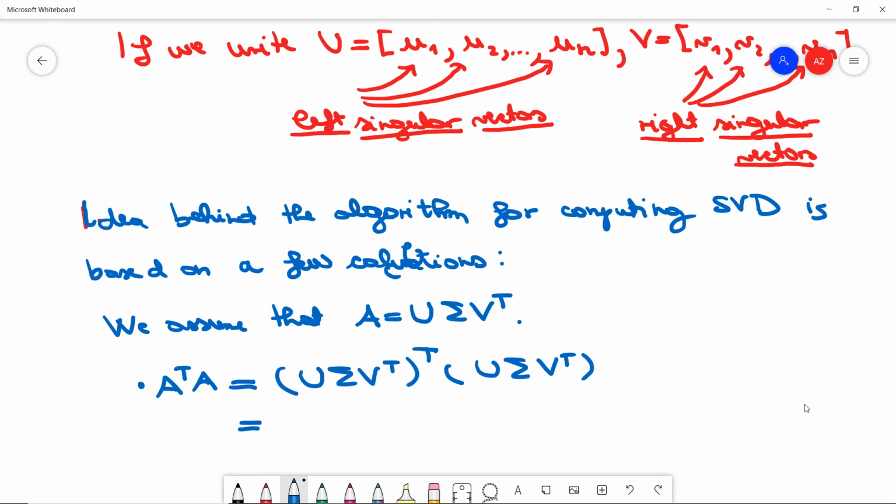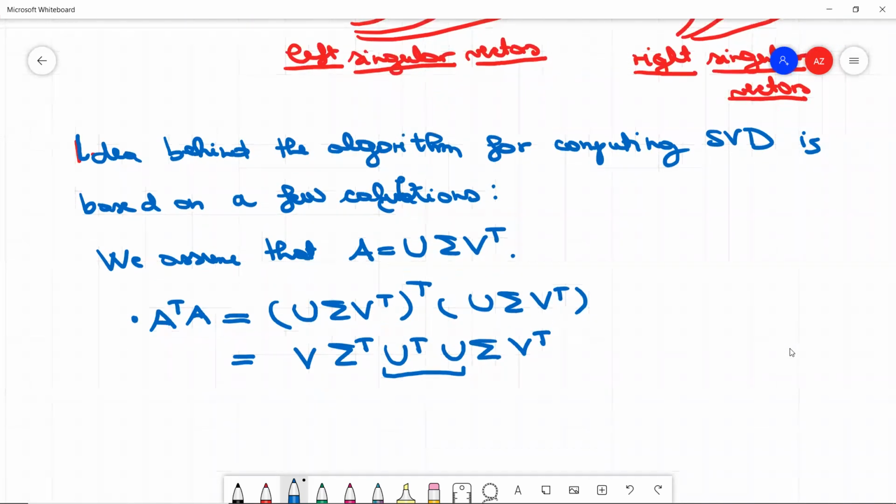So it's V transpose transpose, which is just V, and then sigma transpose, and then U transpose. So I transpose the first bracket, and then I just rewrite the second bracket. And what I notice here is that I get the product of U transpose and U, for which our assumption is that it's an orthogonal matrix. So U transpose U must be identity.